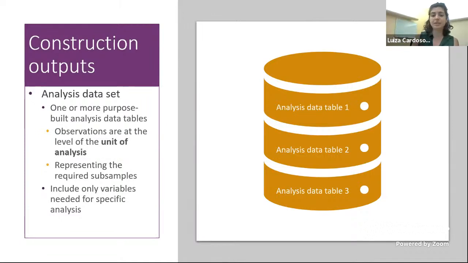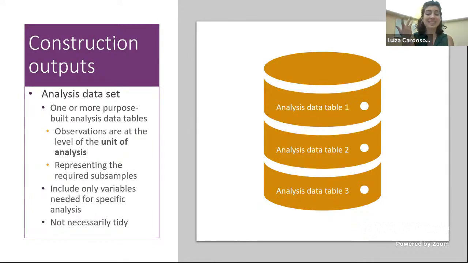And since you may need to include variables that were originally observed at different levels, if you remember our discussion about tidy data from last week, you will notice that these analysis data sets do not need to be tidy. And this is something that came up in a question last week.